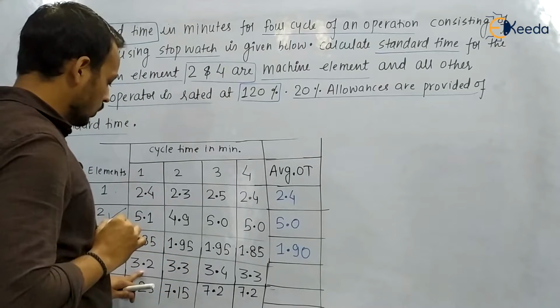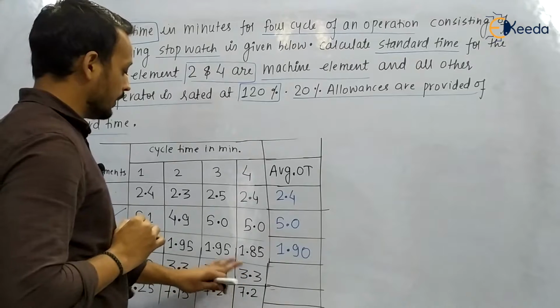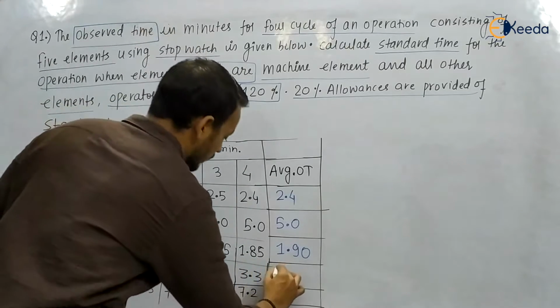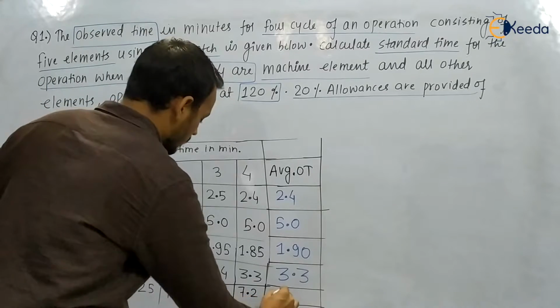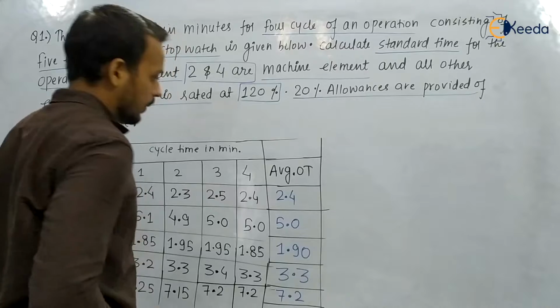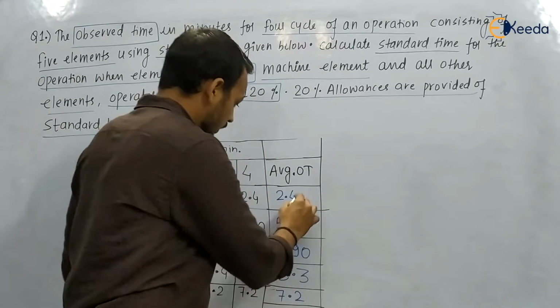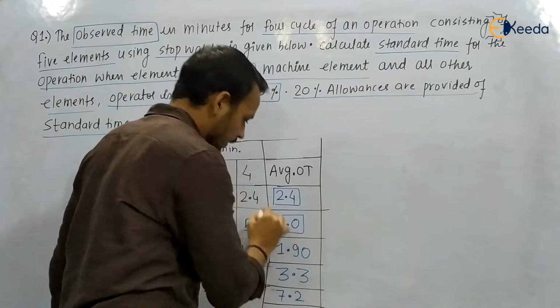Now 3.2 plus 3.3 plus 3.4 plus 3.3 divided by 4 is going to be 3.3 minutes. For the last, if you calculate you will get 7.2 minutes. So we have got the observed time. This is the final observed time for each of the work elements.